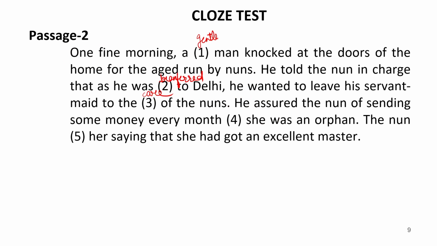He assured the nun of sending some money every month, dash, she was an orphan. So he also says to the nuns that he will send some money every month for the maid servant.